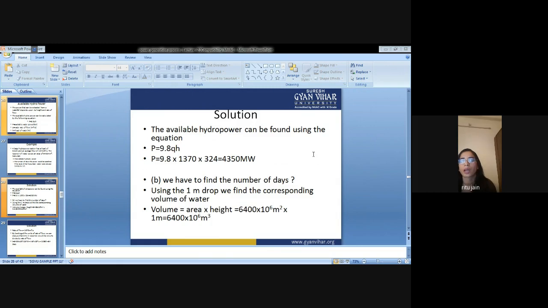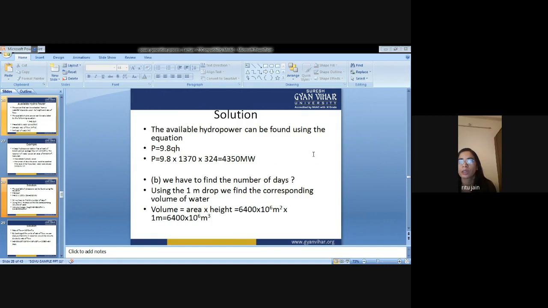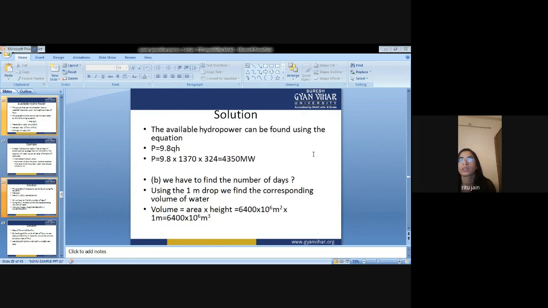Q is given, which is 1370 meter cube per second, and the head of the water is 324 meters. So you can easily calculate the power available in the hydropower plant, which is 4350 megawatt, right? You can easily calculate the hydropower by using the formula P is equal to 9.8 QH.